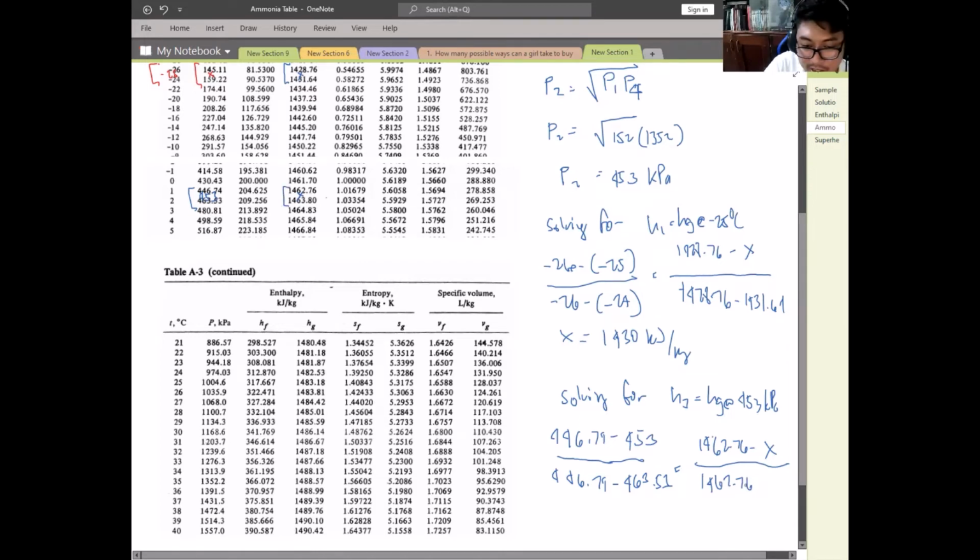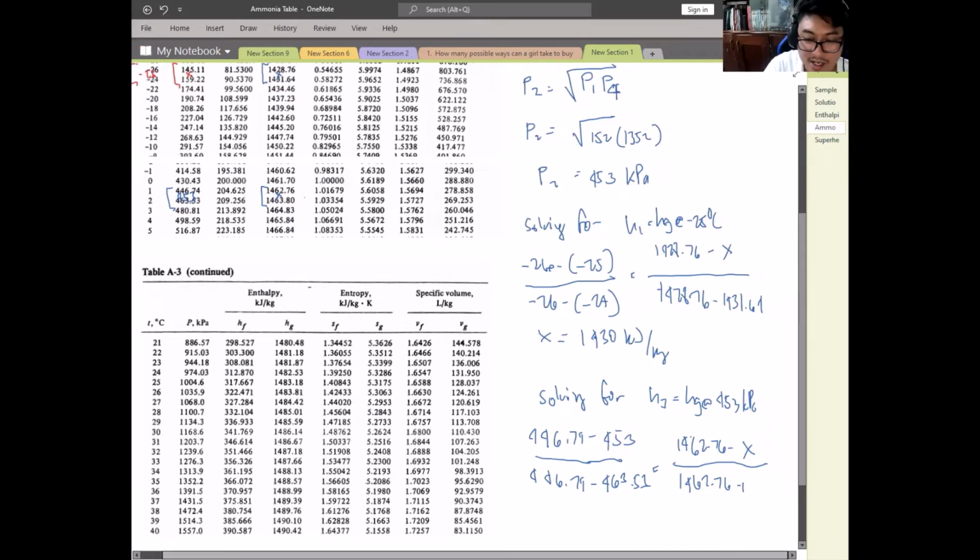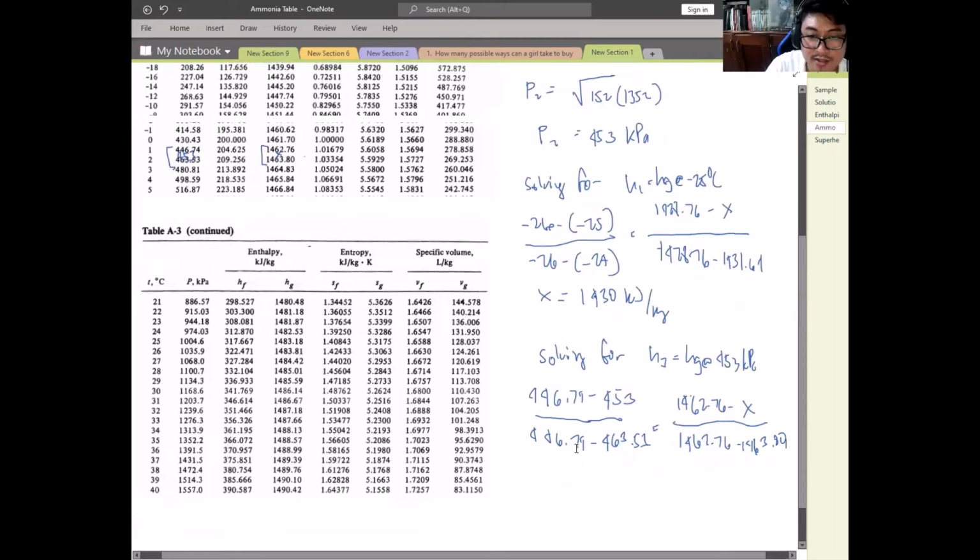Ayan. Then yung katapat ng 463 is 1463.80. Okay? Ayan. 1463.80. So, ang ating X, or ating H3, so by using shift solve or algebra nyo, so that is 1463.